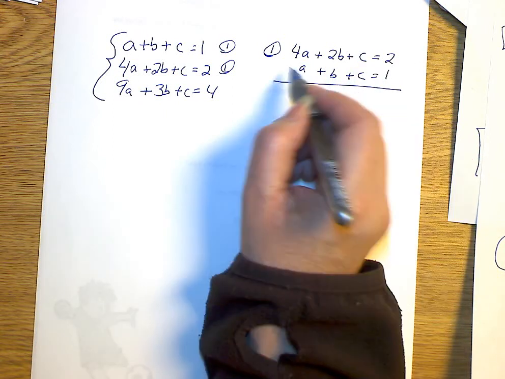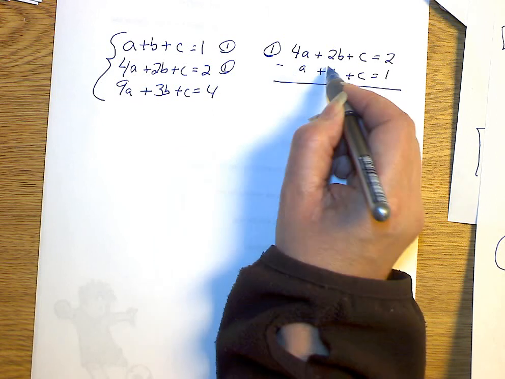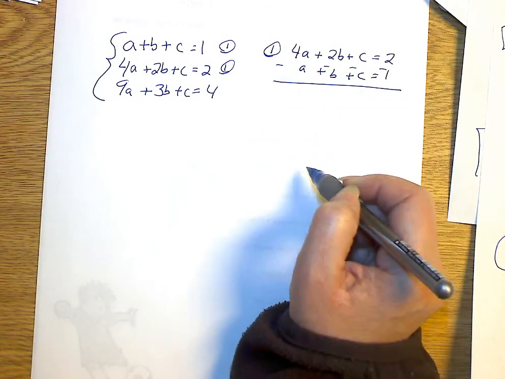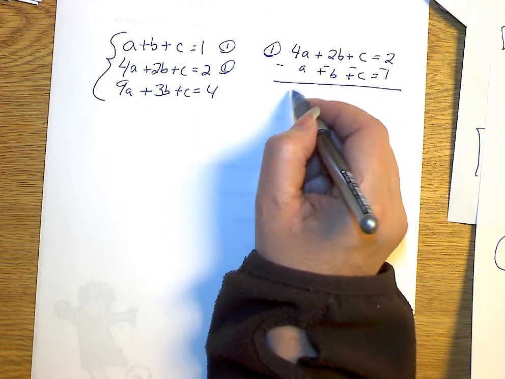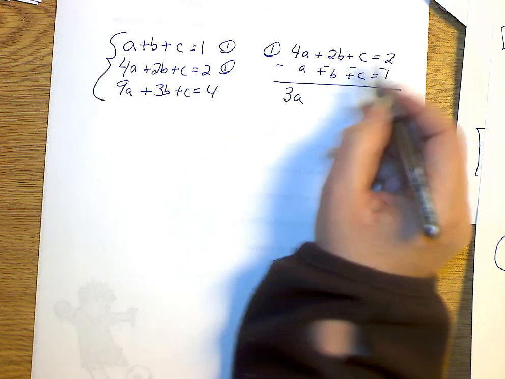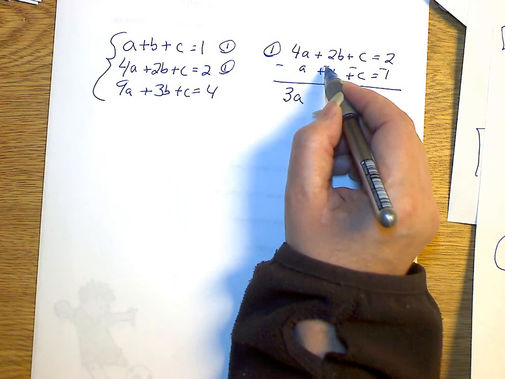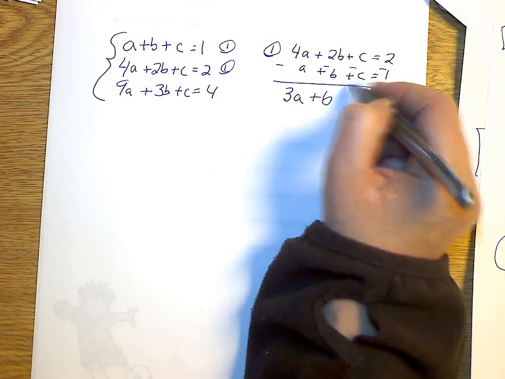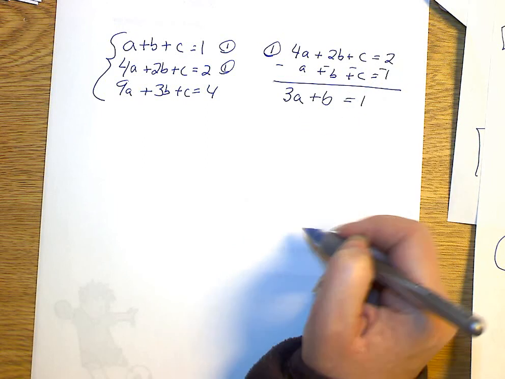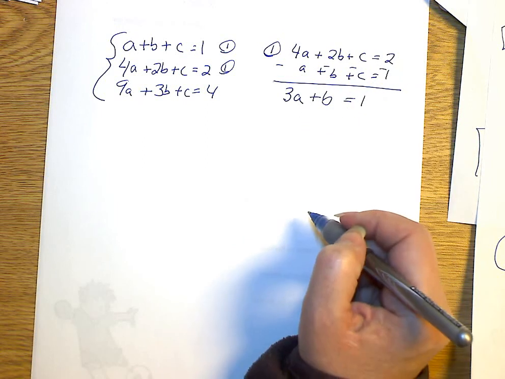So I'm going to multiply everything by a negative, and then I'm going to add down. 4A minus A gives me 3A. 2B minus B gives me B. This cancels out, giving me a 1.